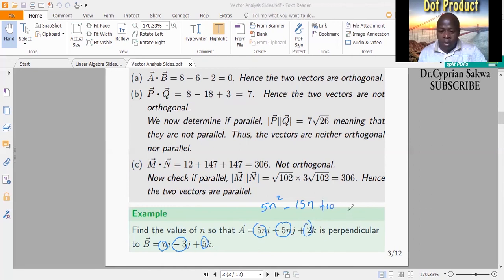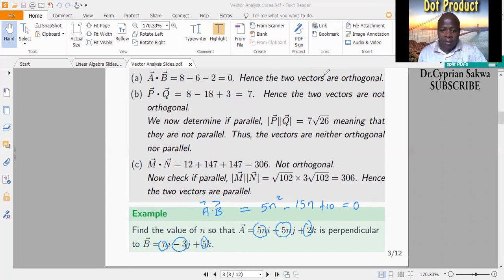For them to be orthogonal, this dot product A dot B, which equals this, must be equal to 0. So you solve this equation quadratically, or you can factorize if it can be factorized.